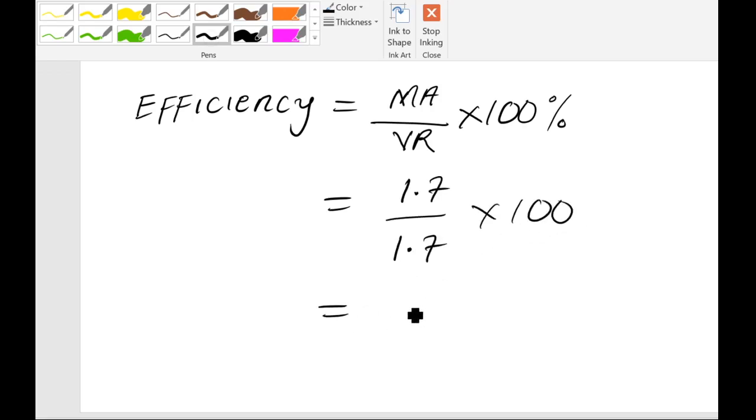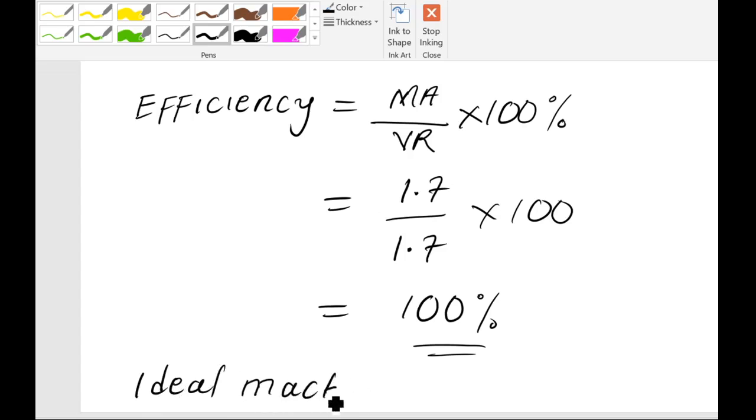This divided by that is 1. 1 times 100 is 100%. Meaning that this machine was an ideal machine because its efficiency is 100%.